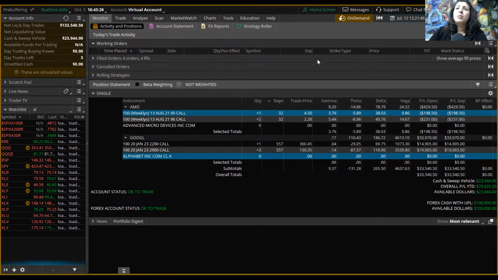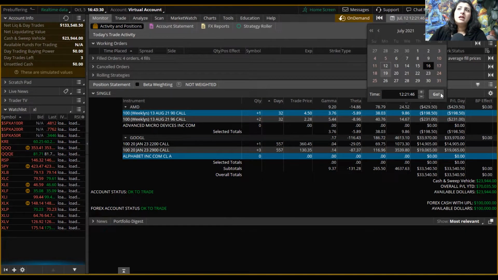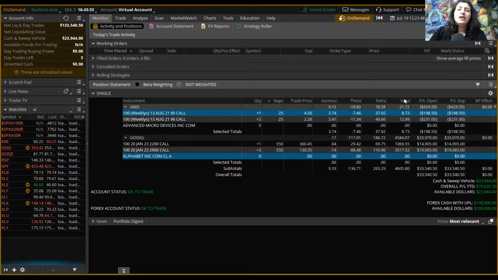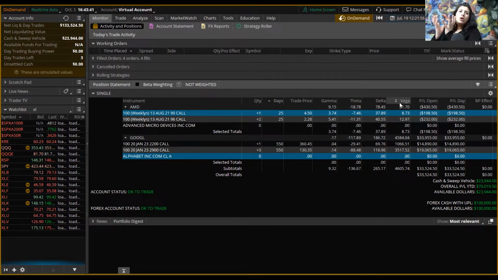And as the price is dropping on AMD, so is the Vega. And so this value starts to drop, and the theta is already negative, so every day I'm losing value. Those two in combination are like a constant vacuum sucking out a little bit of the value of your option contract.